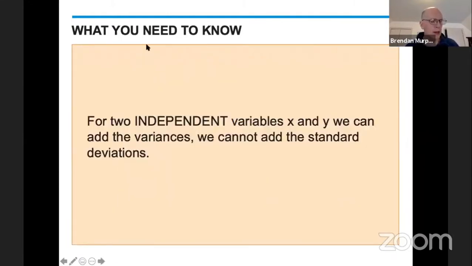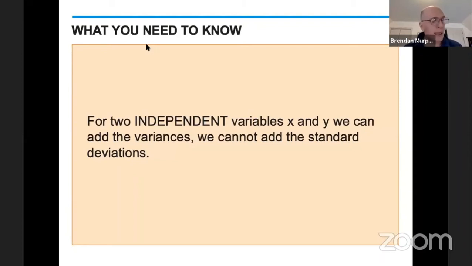We're going to talk about adding means and standard deviations. For 2 independent variables, X and Y, we can add the variances. We cannot add the standard deviations. That's a little tricky. My students will sometimes struggle with that, and I think I have 2 multiple choice questions that get right to that topic.